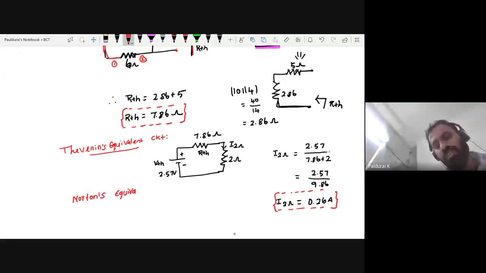What do you mean by Norton? The same complex circuit can be replaced, so there is no change in the load, by a single current source in parallel with a resistance.